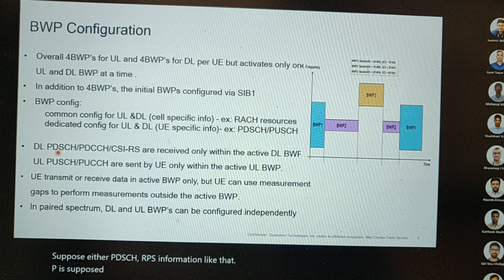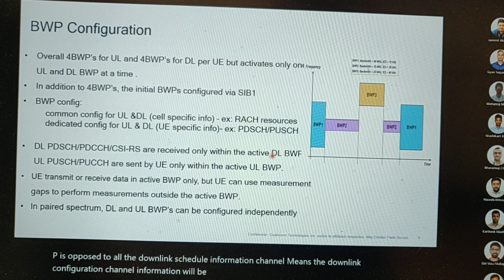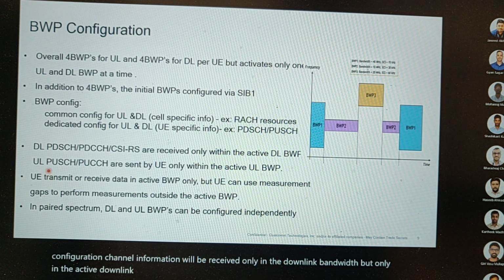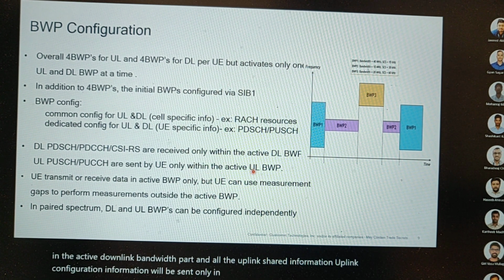All the downlink scheduling and channel configuration information will be received only in the active downlink bandwidth part, and all the uplink configuration information will be sent only in the active uplink bandwidth part.